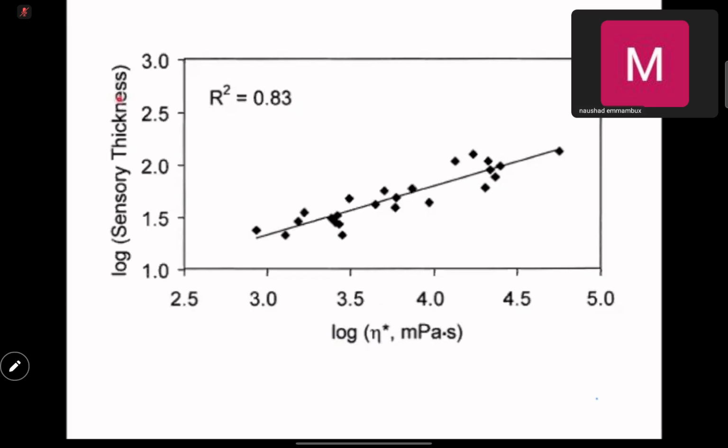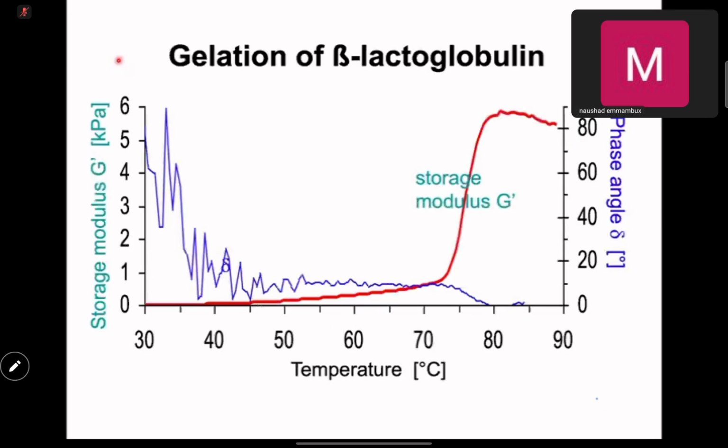In terms of sensory thickness and the eta star here, which is called complex viscosity, with an increase in the complex viscosity when you do a rheological measurement, the sensory thickness also increases.